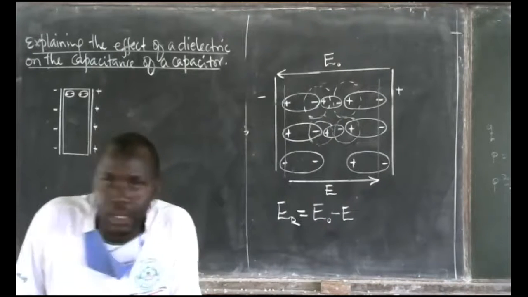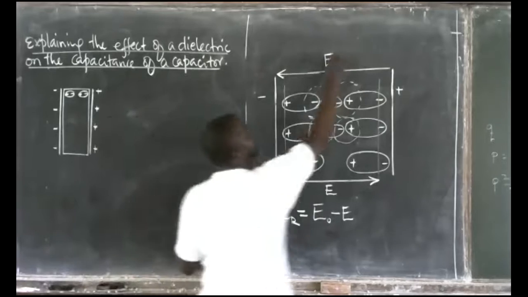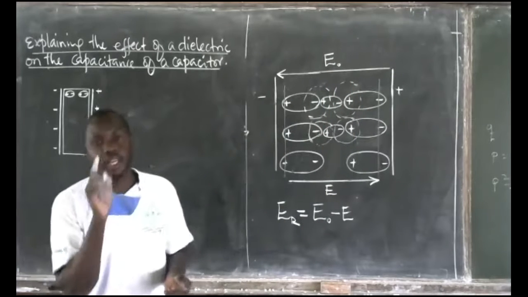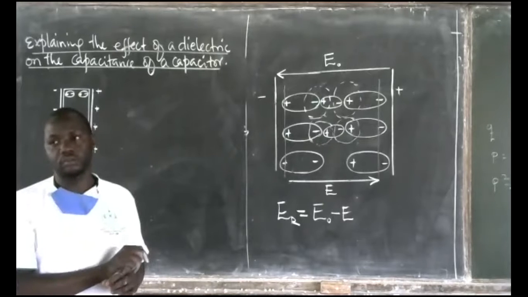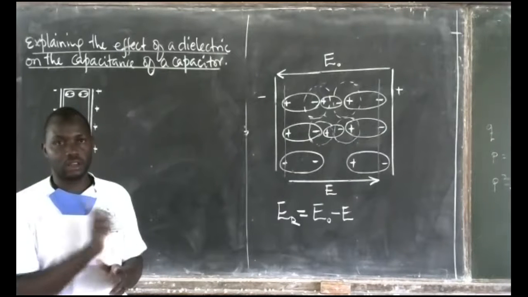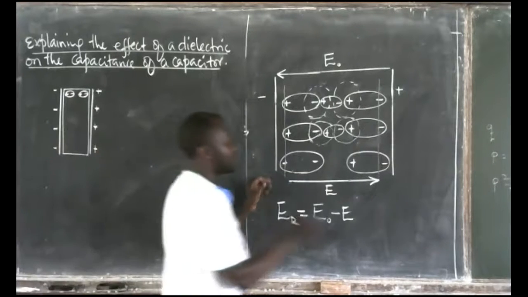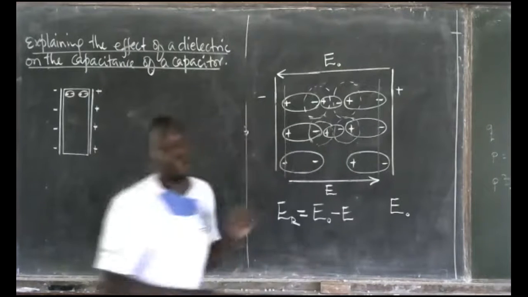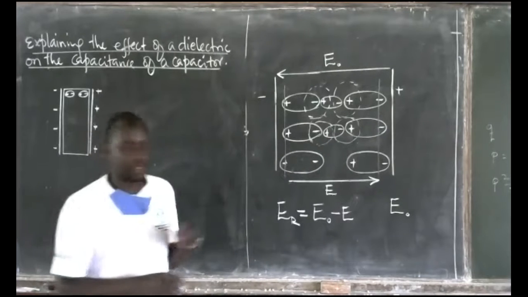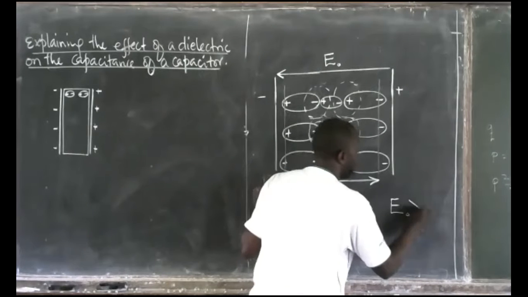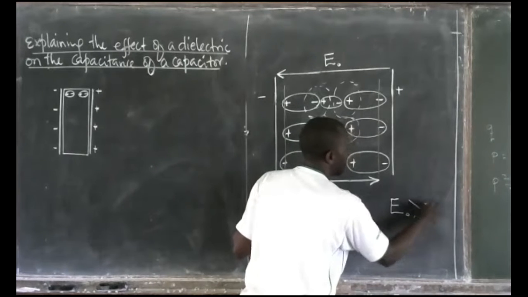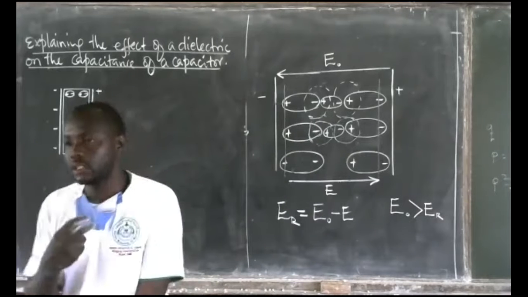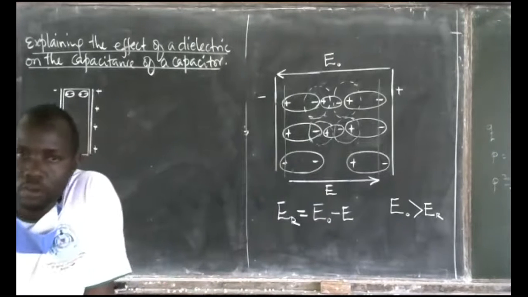So what does that mean? It means that the original electric field intensity without the dielectric is greater than the new resultant. Is that untrue? This means that E naught, the original field when there was no dielectric, is greater than the field intensity, what we call the resultant, after you have inserted the dielectric.